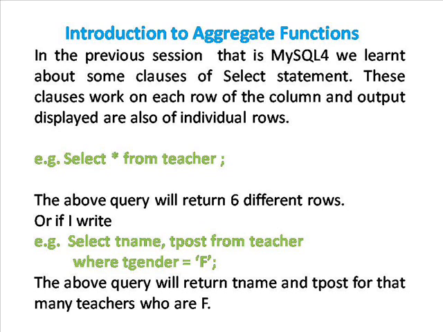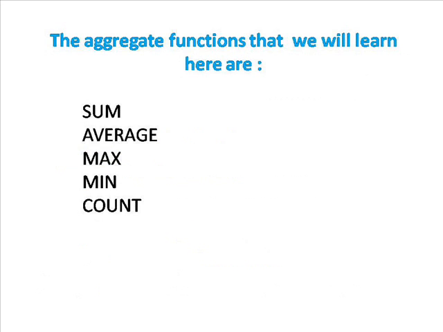The result given by ordinary queries will be the number of rows the query is affecting, while the result given by a query with aggregate functions will be less than the number of rows in the table. The aggregate functions that we will learn here are sum, average, maximum, minimum, count.